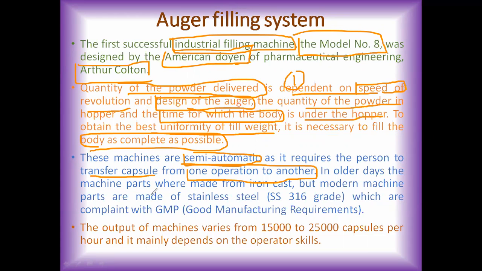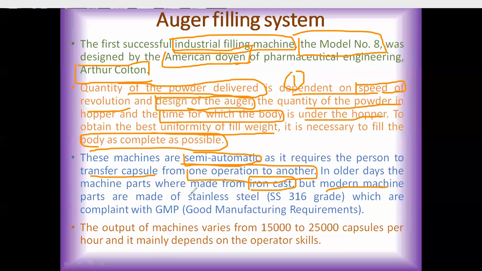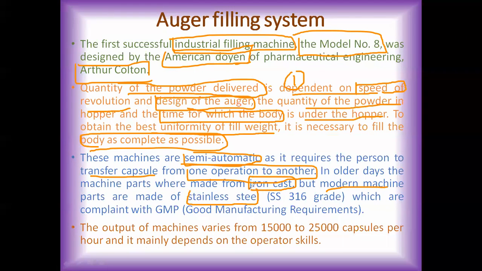Now in the olden days, the machine parts were made of cast iron, but now in the modern era, the modern machines are made of specialized grade stainless steel, that is 316 grade, which is non-corrosive in nature, and which are compliant with the GMP, that is the good manufacturing practices.